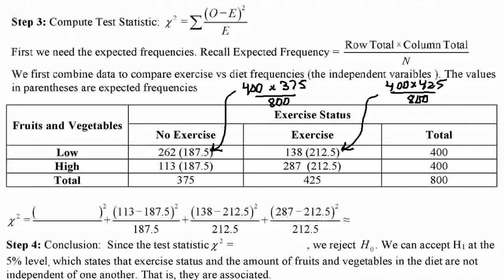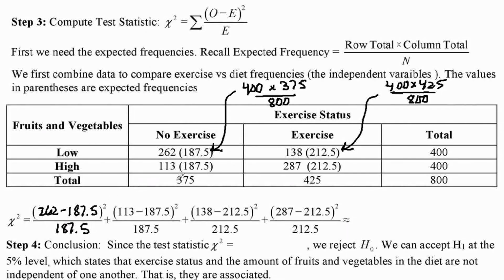So now I'm going to go ahead and compute that chi-squared test statistic. We're doing observed minus expected, squared, over expected. So for this first entry, observed is 262, expected is 187.5. So we're doing 262 minus 187.5. That difference gets squared, and then we divide by the expected, 187.5.